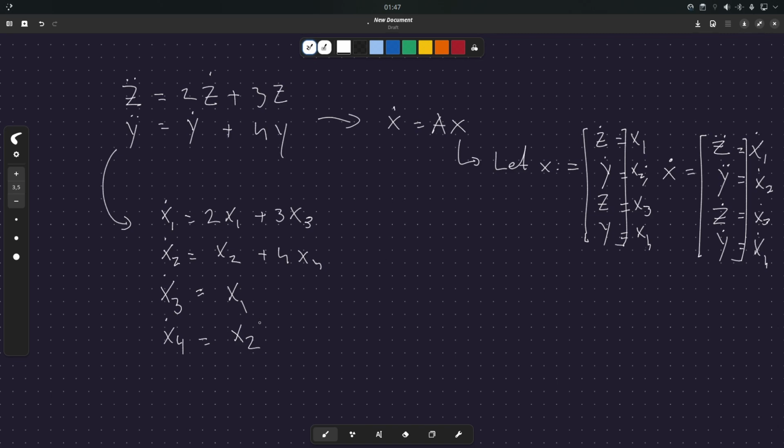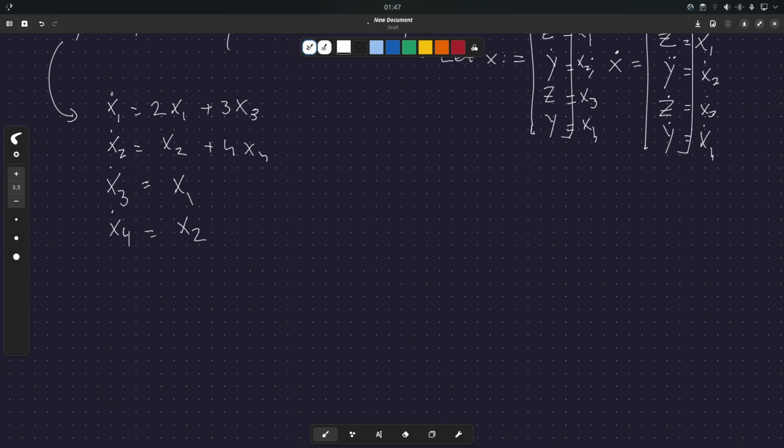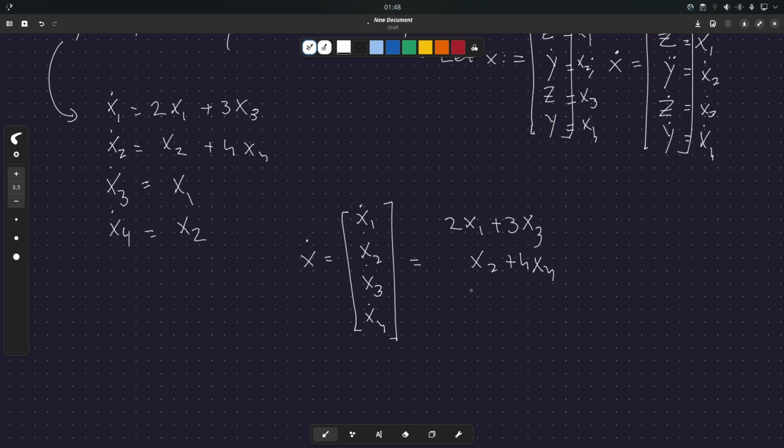Now, this is the point where you just need to know linear algebra: if you turn these back into a vector, so you get x dot equals x1 dot, x2 dot, x3 dot, and x4 dot as one vector, then you can turn the right-hand side into a vector as well. So 2x1 plus 3x3, and then x2 plus 4x4, and x1 and x2.